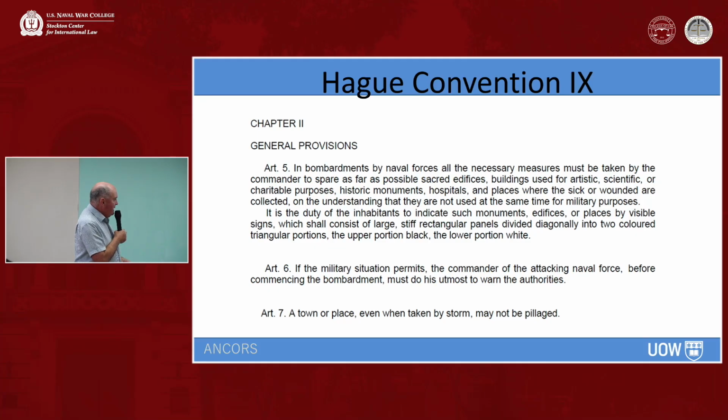And then if the commander can do it, give a warning that we are about to do something. And we've seen in recent conflicts there has been some evidence of this, not under this particular treaty, but just as general practice in a couple of recent conflicts as well.